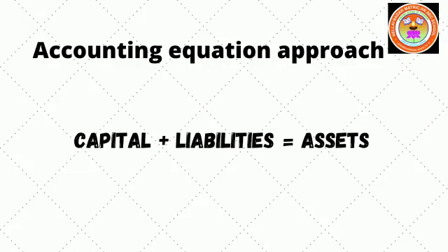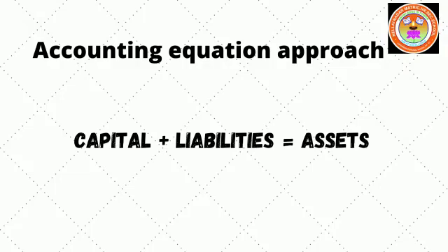Under the double entry system of bookkeeping, every transaction has a two-fold effect, which causes changes in assets and liabilities or capital in such a way that an accounting equation is completed and equated. Here we are following this formula: capital plus liabilities is equal to assets.